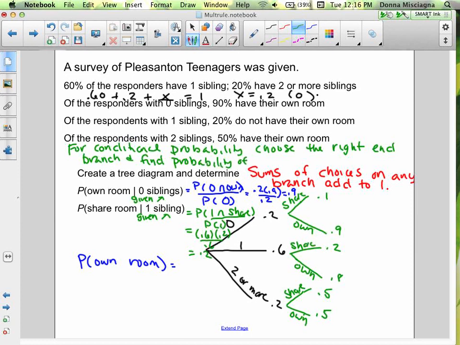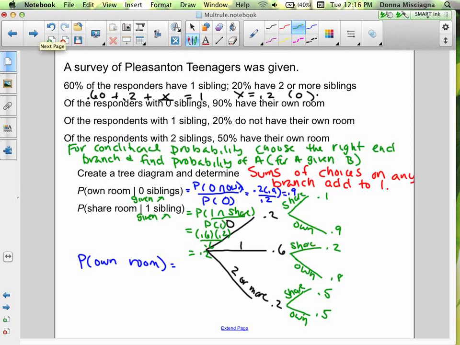And it's always the probability of the first, so it's A given B. So find the probability of A for A given B. Or you can use the formula.